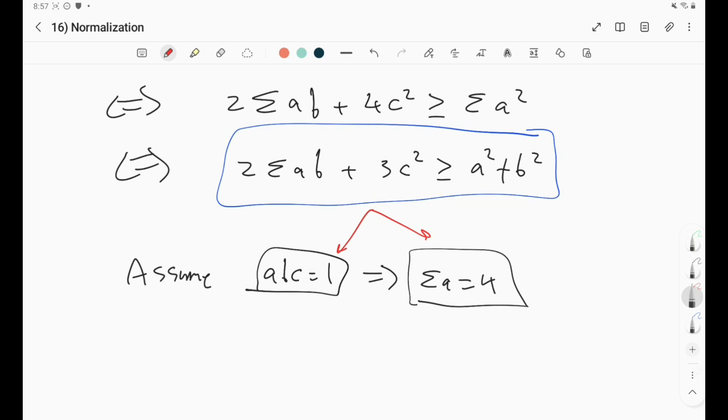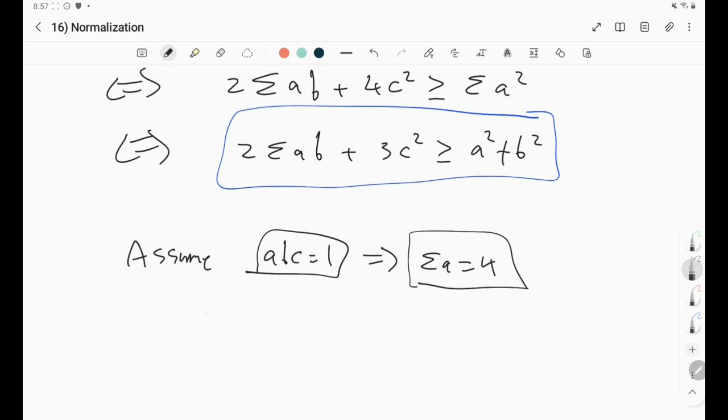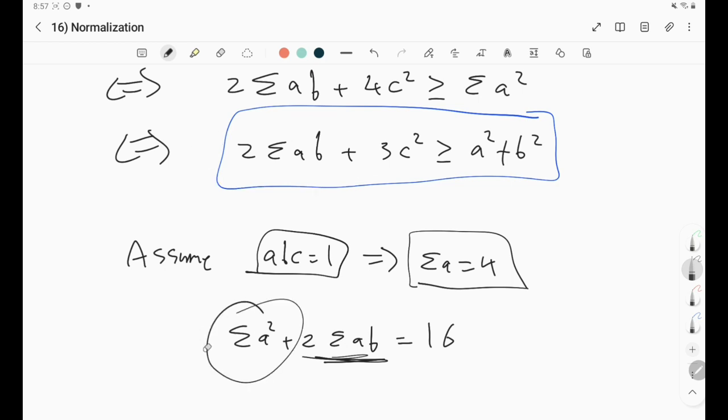Well, clearly you want to have something related to sigma A, AB, and something that has A square and B square, so kind of sigma A square, right? And of course, we already know this thing is very helpful for that, because we know already that if we square this thing, we're going to get sigma A square plus 2 sigma AB is equal to 16. So that means this 2 sigma AB here, we can write it using the sigma A square, and then perhaps we're going to get some nice stuff.